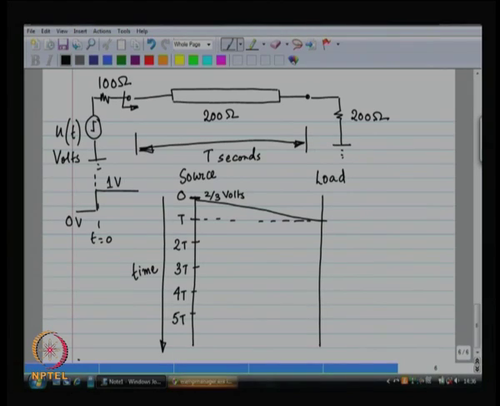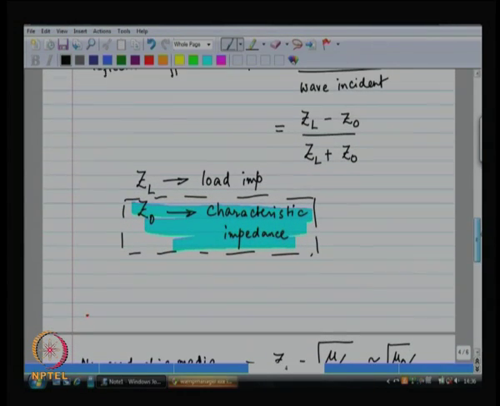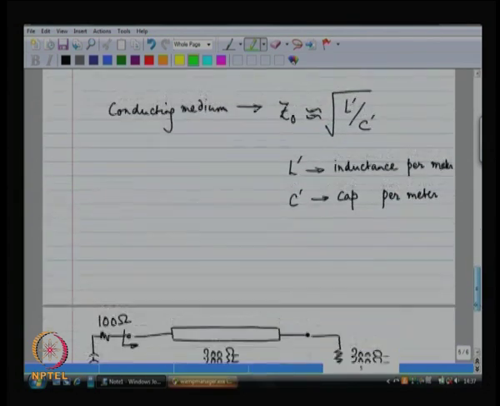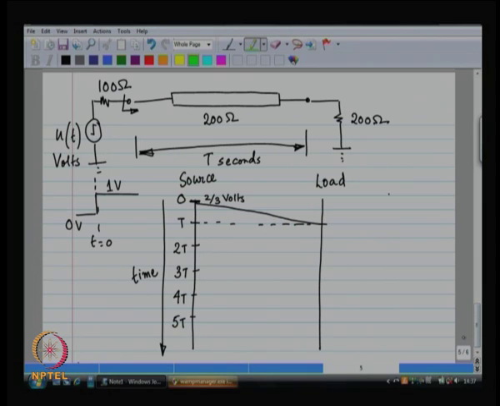The reflection coefficient at the load is ZL minus Z naught by ZL plus Z naught, and this happens to be equal to 0.